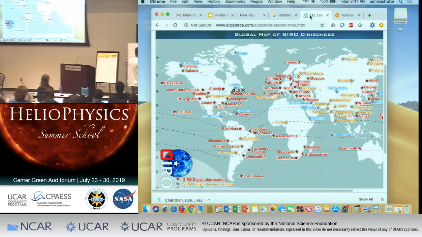Those ionosondes have a couple different parameters with them, but what you're looking for mainly is NmF2 and hmF2. Those are derived parameters from the radio output of the ionosonde.